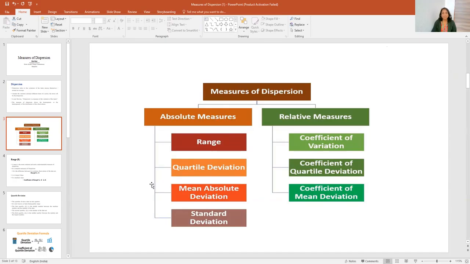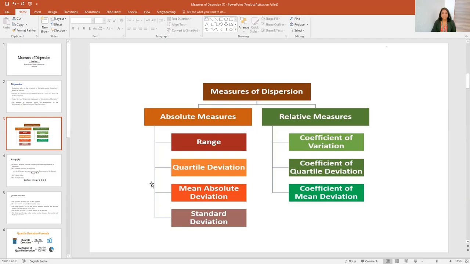Basically, it has been divided into absolute measures and relative measures. Absolute measures give the exact value. Whatever value is given in the range, the same value will come under the range. That is an absolute measure. Relative measures compare two values. Under the absolute measures, there are different types of measures of dispersion.